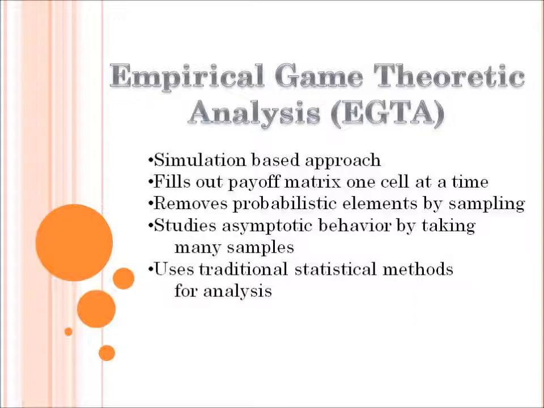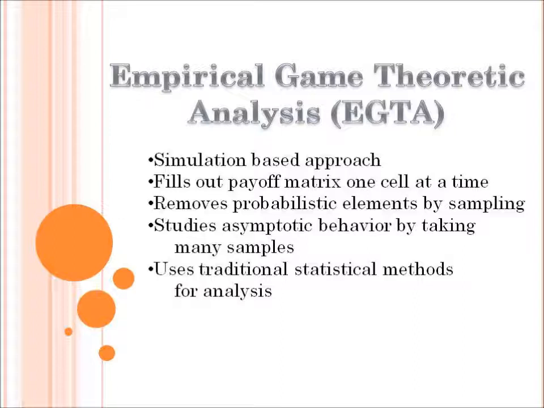Whenever our game has probabilistic elements, we sample the random variables in question from their distributions. So suppose we're in an auction scenario where my private valuation of the good is normally distributed with mean 0 and variance 1. For each simulation, we draw a value from this distribution.